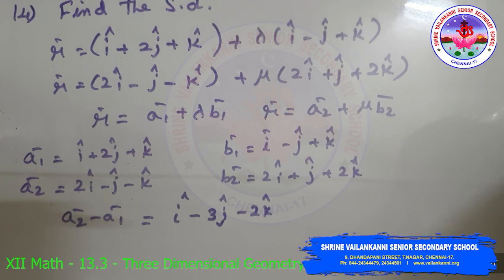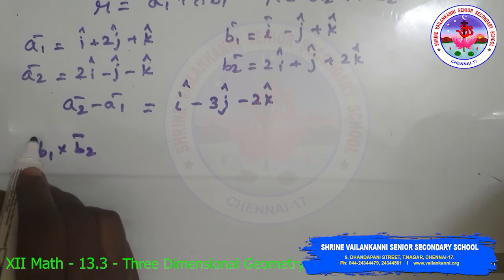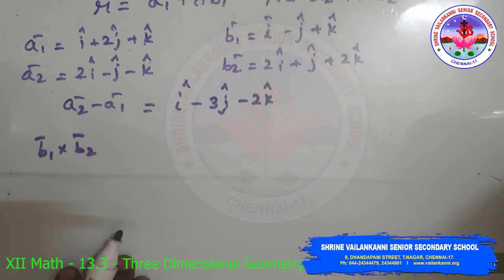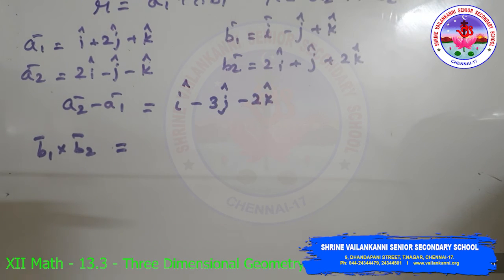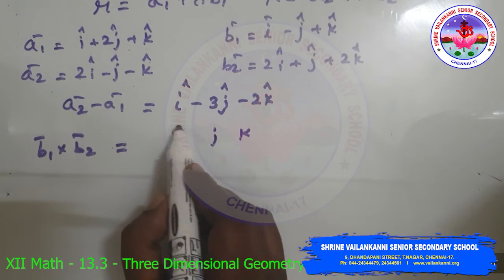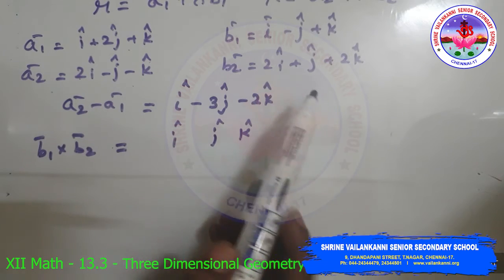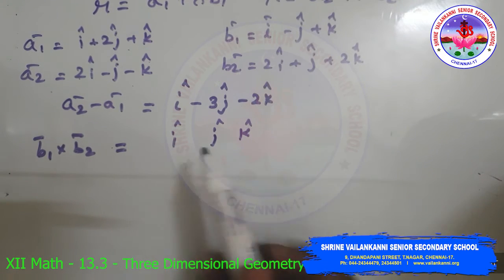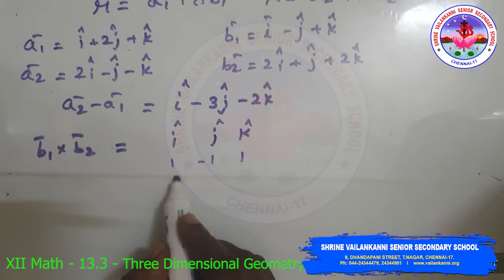Now we have to find b1 × b2. The cross product can be found using determinant form, with rows i, j, k, the coefficients 1, −1, 1, and 2, 1, 2.